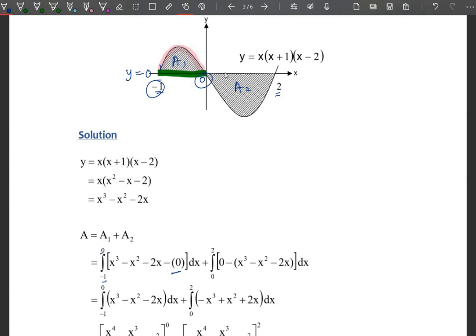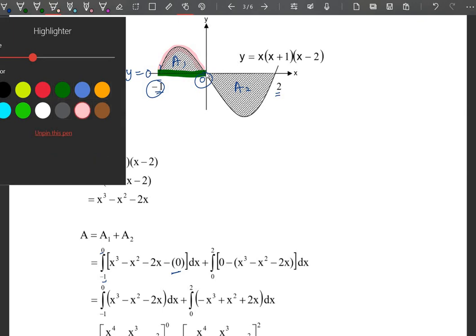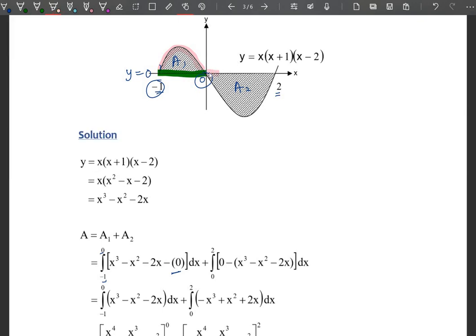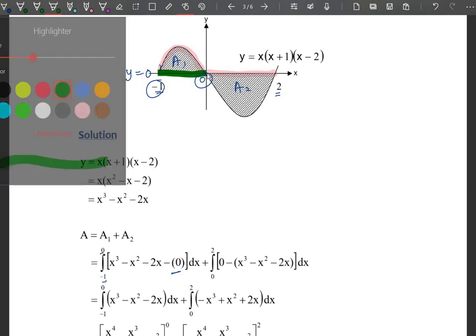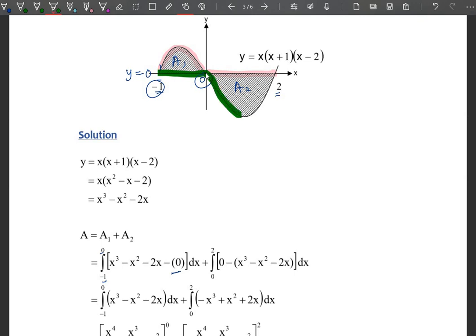And then plus, for this area, it will be top minus bottom again. So what is the top? The top is this line. That's why here we have 0, because the x-axis is y equal to 0. And then minus the bottom function, the curve, which is this one. This is the bottom. That's why 0 minus the curve.